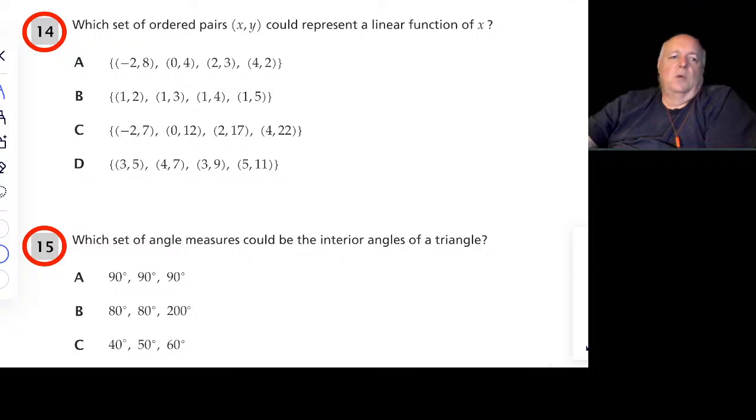Okay, so which set of ordered pairs x, y, right? This is a pair, we should know that they go together, could represent a linear function of x. Okay, so this again is the y equals mx plus b. Okay, there's other forms of a line, but this is the one that is kind of making sense to be at this level.